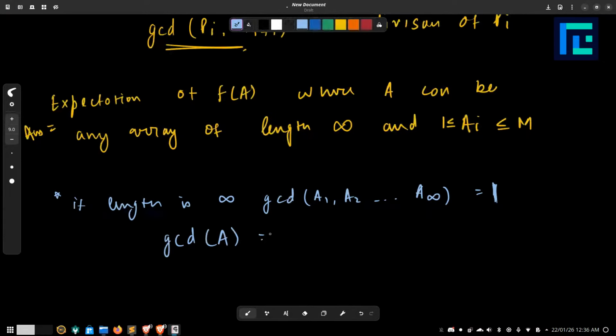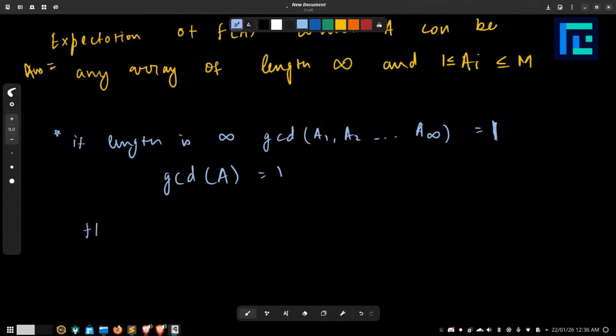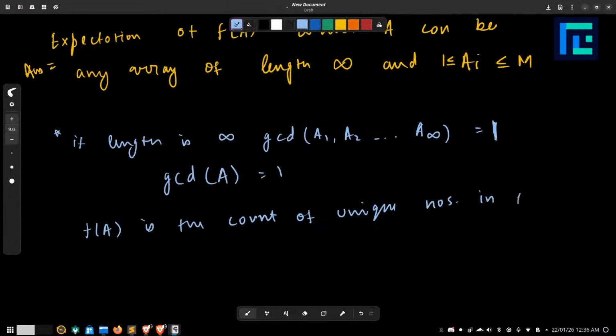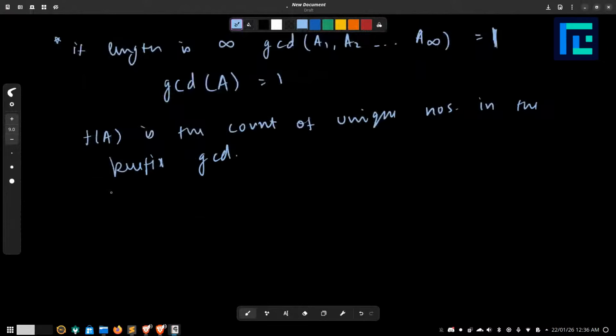So what is f of a? F of a is the count of unique numbers in the prefix GCD. Let's take an example of a right now: 12, then 6, then 4, then 1.